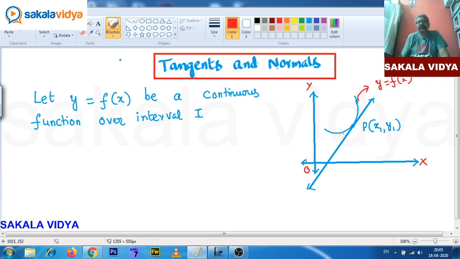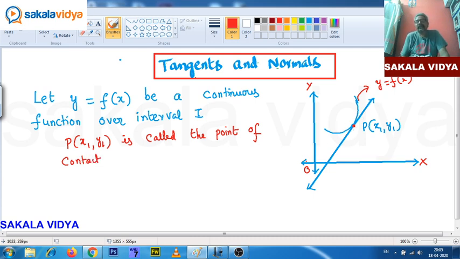This line touches this curve at one point, and this point is called the point of contact, P(x1, y1).